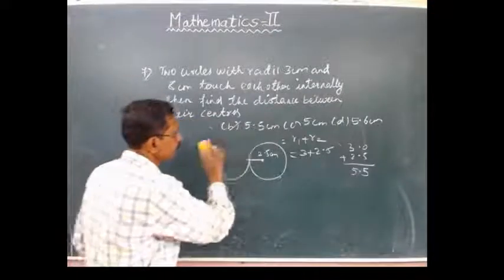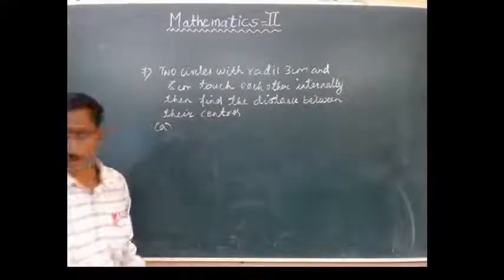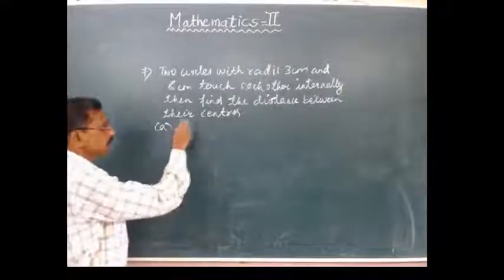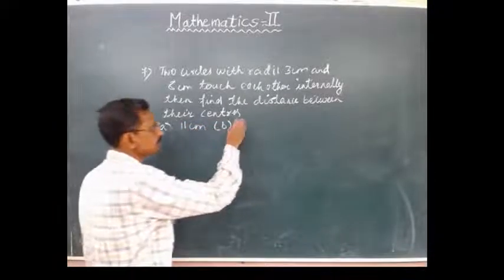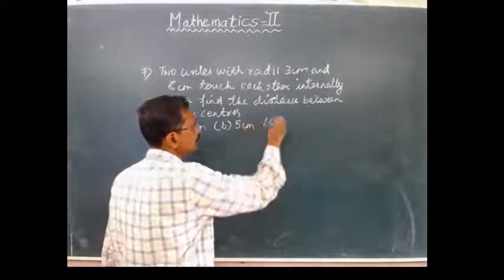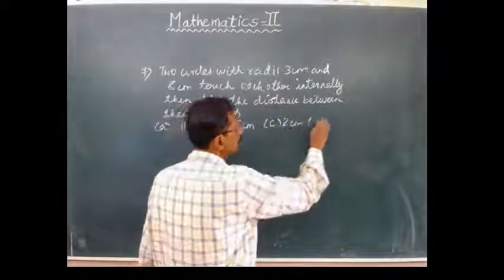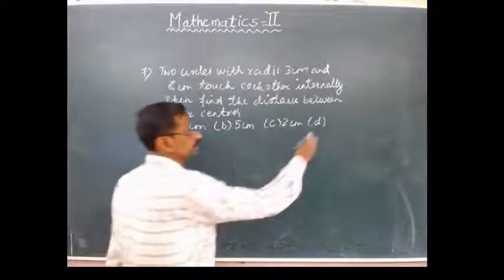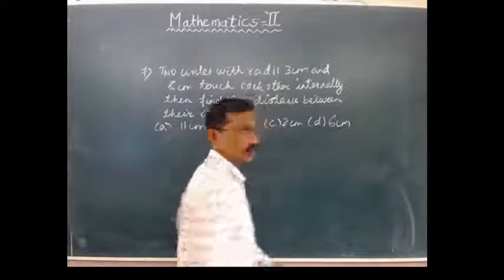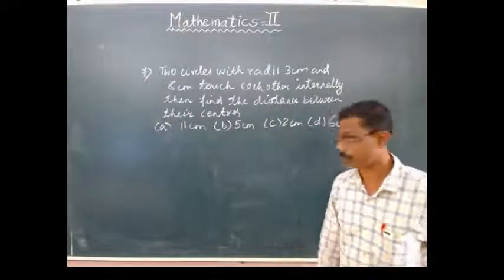Let's see what we have in the options. A option is 11 centimeter, B option is 5 centimeter, C option is 2 centimeter and D option is 6 centimeter.